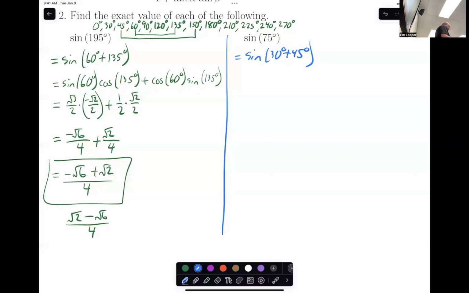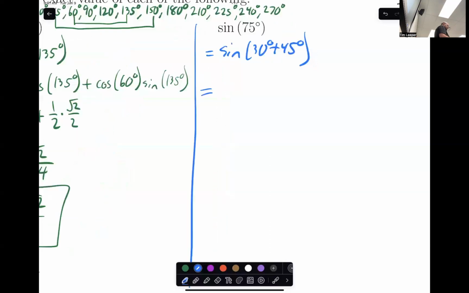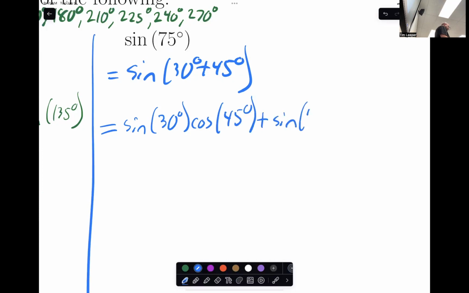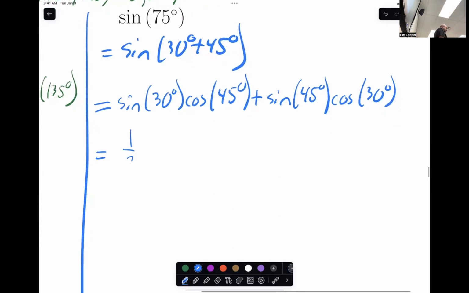Okay, so overall, y'all are getting this. That's good. So the sine of 30 degrees plus 45 degrees would be the sine of 30 degrees times the cosine of 45 degrees, plus the sine of 45 degrees times the cosine of 30 degrees. So the sine of 30 degrees is a half.